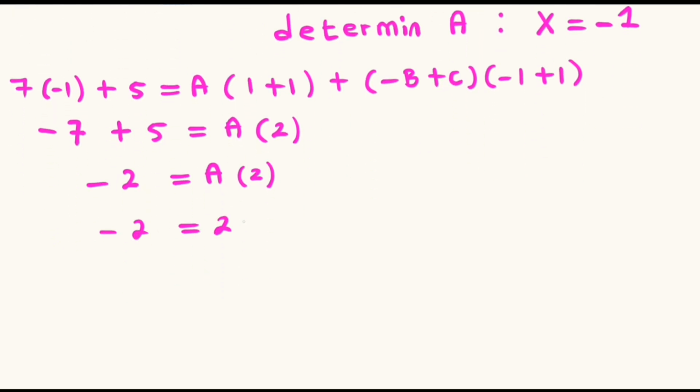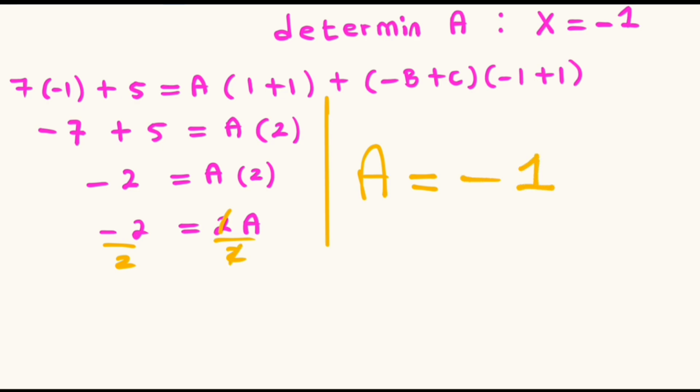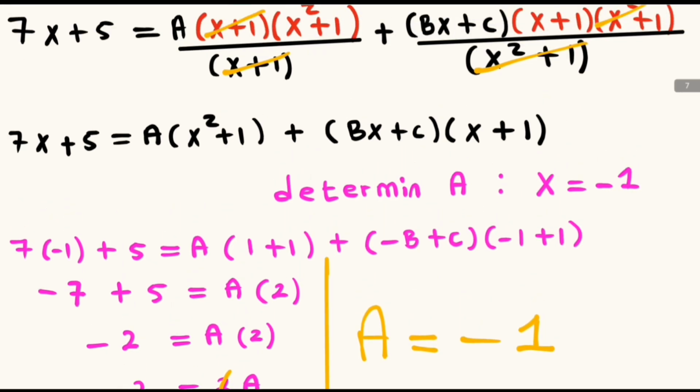We divide both sides of the equation by positive 2, and the value of our a will be equals to, so that 2 and that 2 will cancel out, and a will be equals to negative 2 divided by 2, which is equals to negative 1.